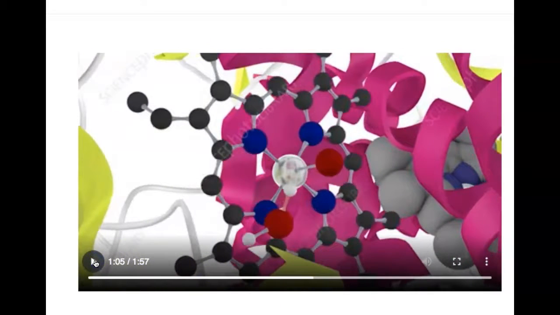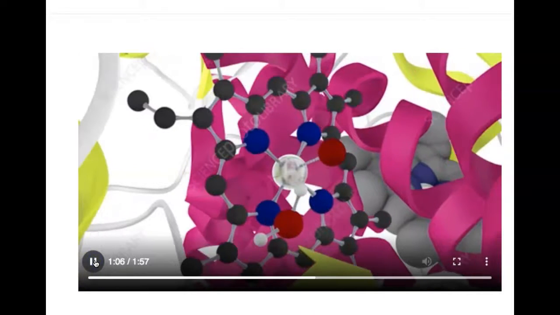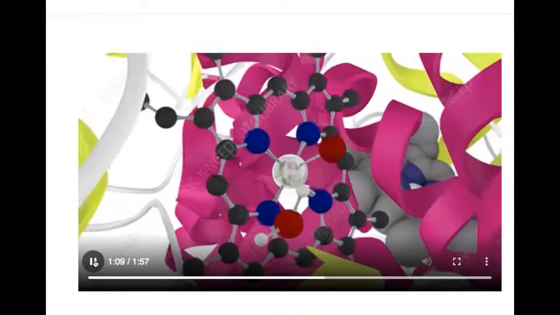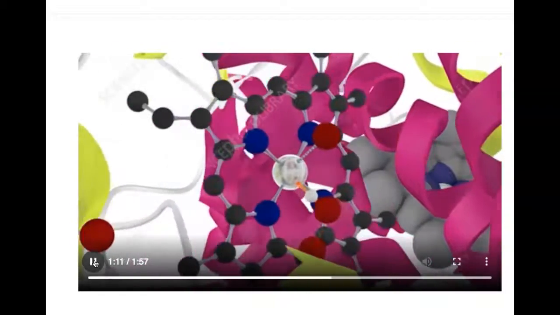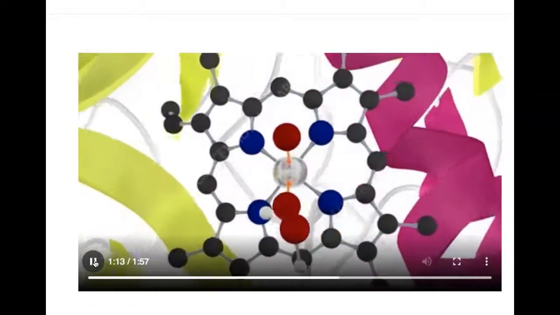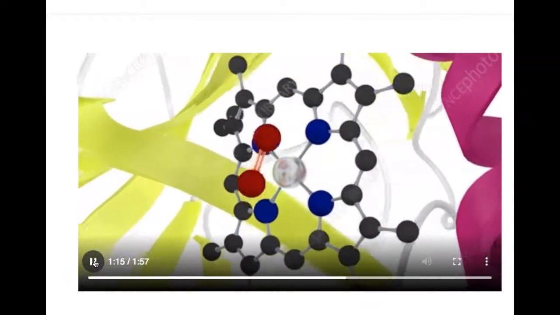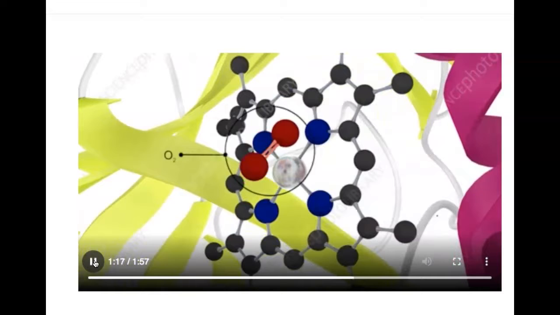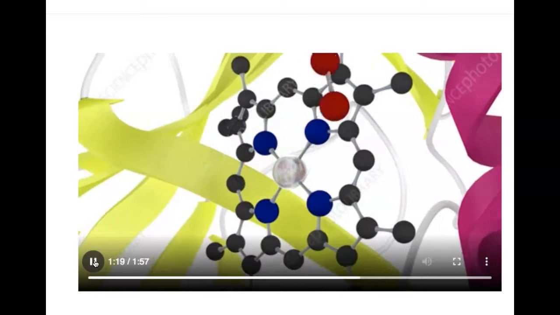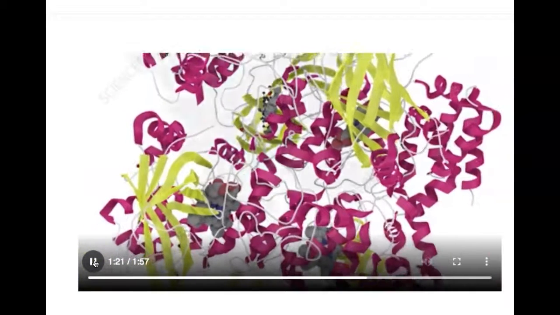That little iron kind of grabs onto the hydrogen peroxide molecule, and it helps it break apart. And by helping it break apart, it speeds up the reaction and makes the reaction happen faster than it normally would. And this is why that enzyme acts as a catalyst, or a speeder-upper, of the chemical reaction.